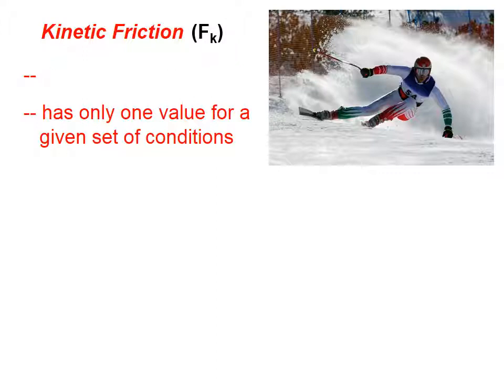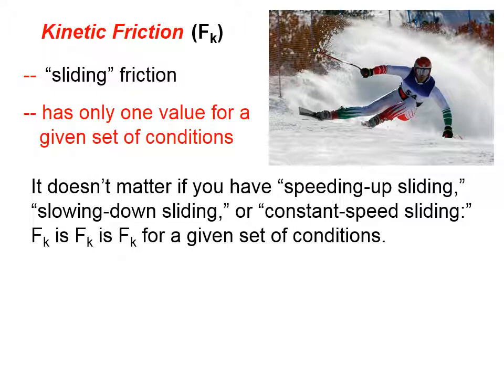Kinetic friction, which we symbolize F sub k, is sliding friction, and it has only one value for a given set of conditions. So this skier is sliding down the slope, and obviously there is kinetic friction because there's relative motion between the skis and the snow.